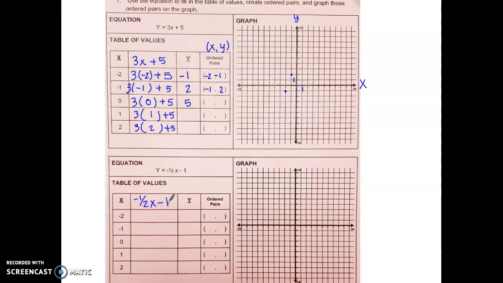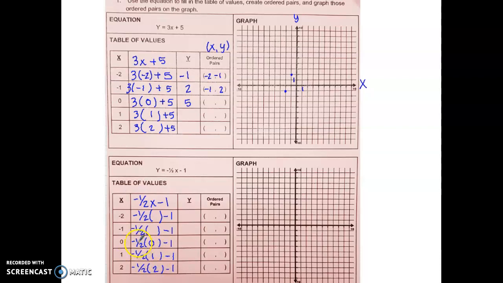So again, negative 1/2 times x minus 1. Since I did the first two, I'll do 0 and 1 this time. I'll let you guys do the other 3. Actually, let me do 2 and 0.